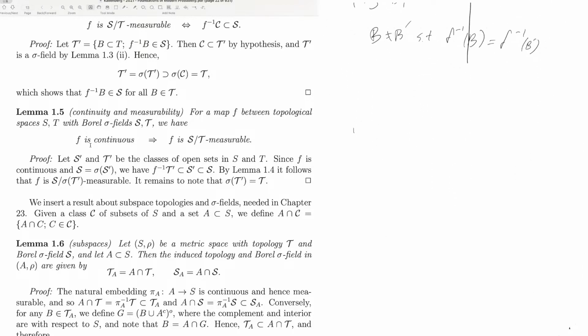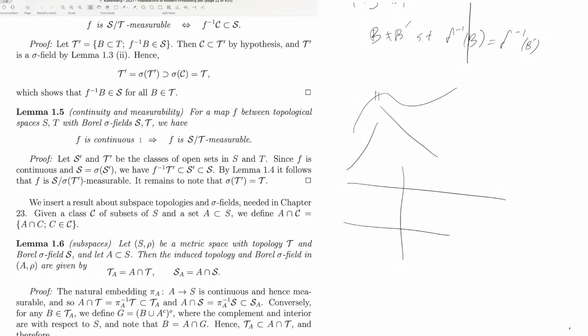Continuous means we can zoom in really close. So we'll just pretend we zoom into this, then it looks flat. And measurable means that it is almost continuous, but in a bizarre way.